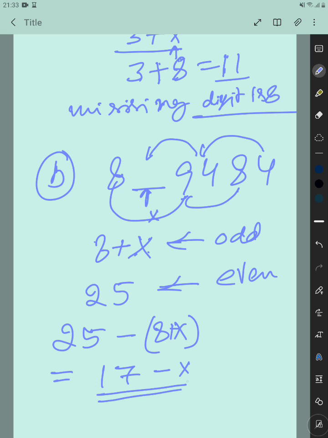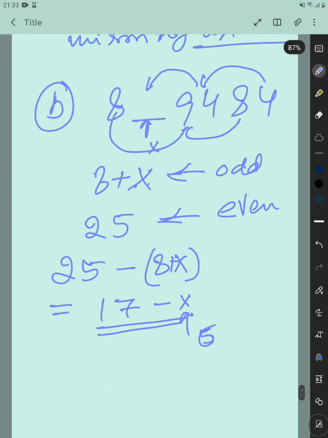If you put 5 in place of x, no, not 5, 6 in place of x, then the difference will be equal to 11. 17 minus 6 will be 11. So it means you need to put 6 in place of x.